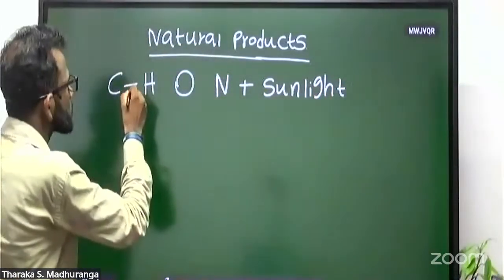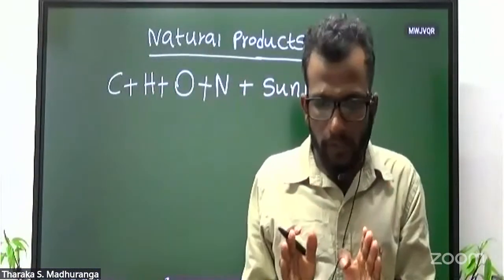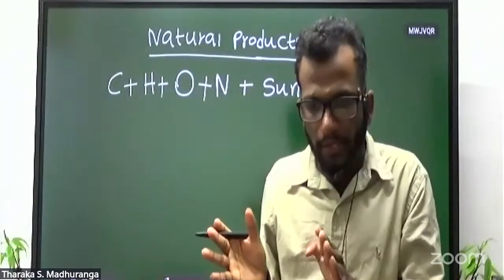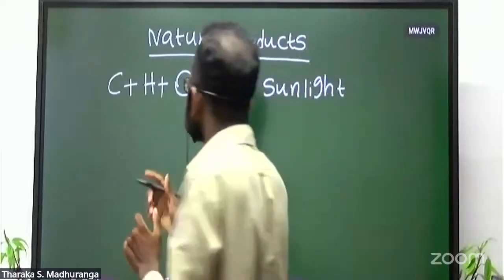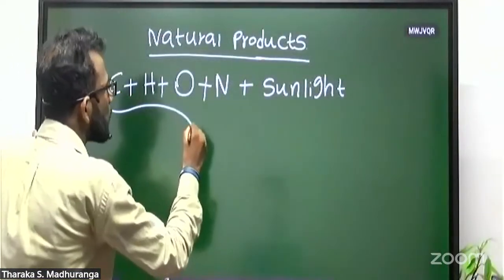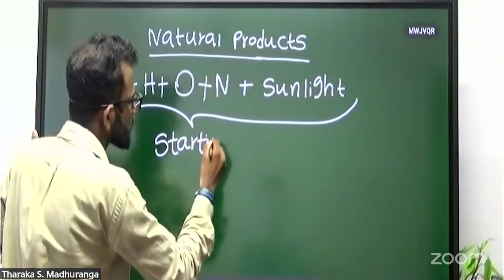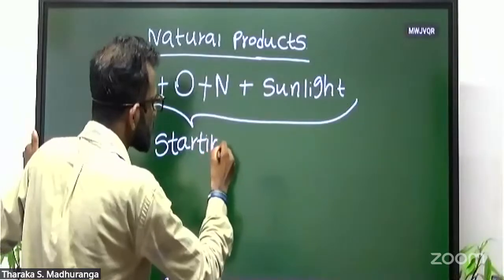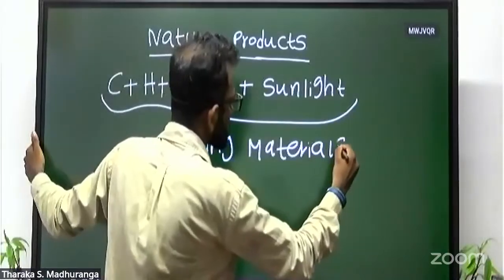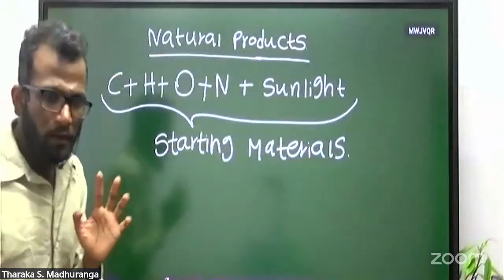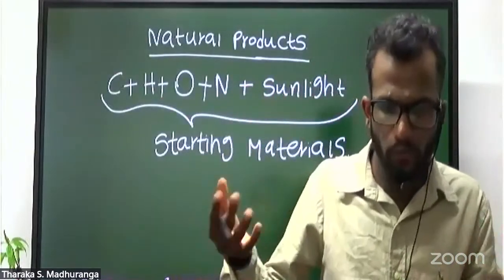The natural products mean carbon, hydrogen, oxygen, nitrogen, and sunlight used as starting materials. All these compounds are used as starting materials. Okay, now just understand this, then you can get the full definition.